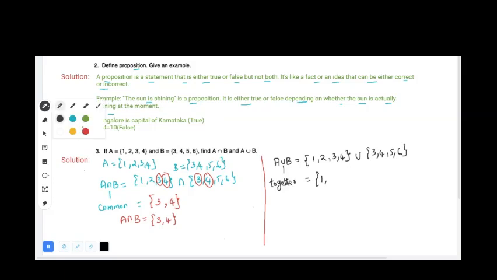So we have 1, then we have 2, we have 3, we have 4. Here 3 and 4 we have already written, so we will not consider them again. Then we have 5, then we have 6. So writing all the elements of A and B in one common bracket is called union, where the repeated elements should not be considered.